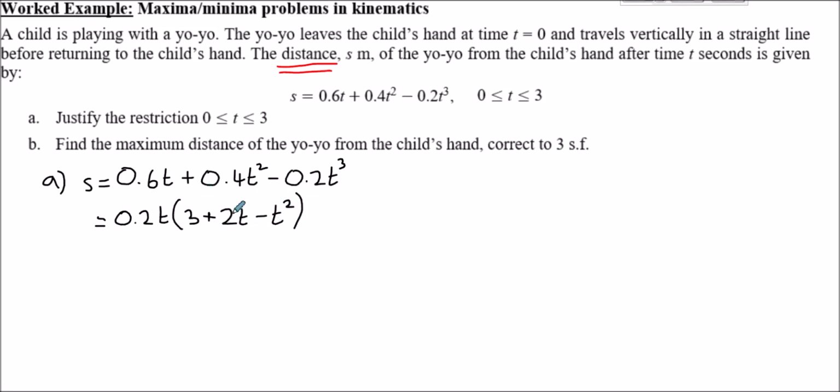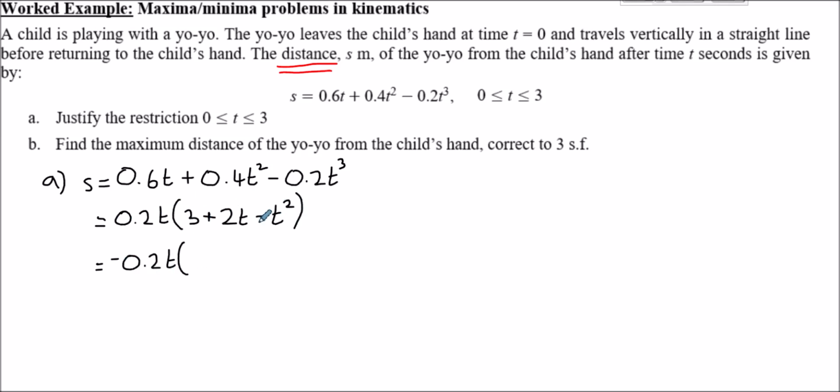So this is a quadratic, but because the quadratic term here is negative, it makes it slightly harder to picture. Normally quadratics you deal with have a positive x squared or t squared or whatever. So what I'm going to do is multiply this here by minus 1, and then to compensate, switch the sign of all of these terms. So this here is the same as saying it's minus 0.2t.